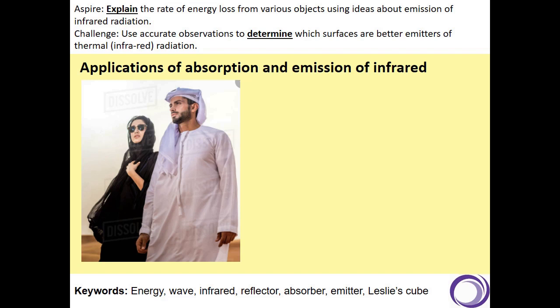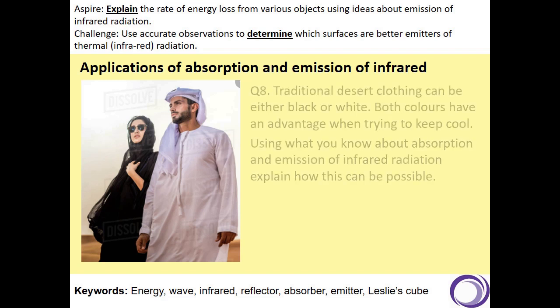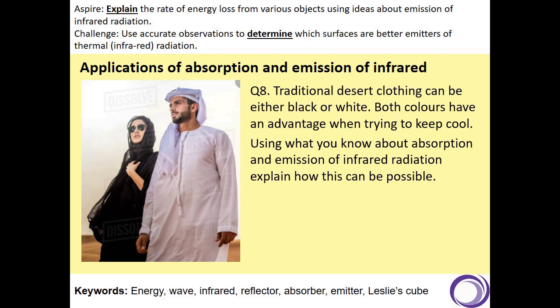So this is, well, I think it's an interesting question. So traditional desert clothing can be black or it can be white. You'll see both. So using what you know about absorption and emission of infrared, how can it be possible that both black and white is useful?